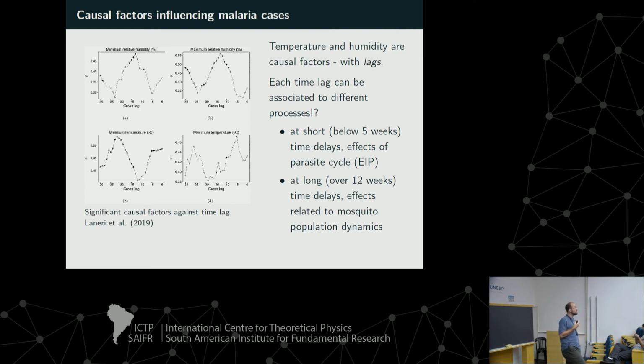So you see, when we do that, we now have something else, right? We have some idea of how long is the delay between a change in temperature or humidity, and how long it takes to have an impact on the number of cases, right? So this is already interesting.